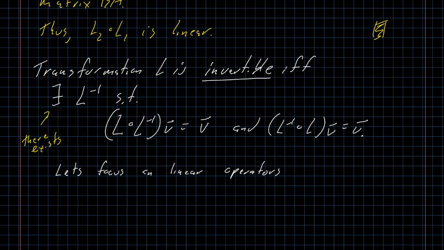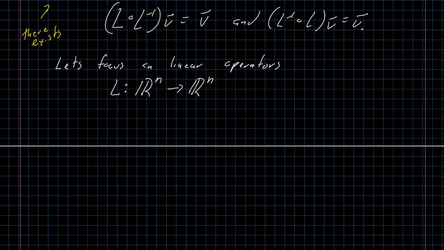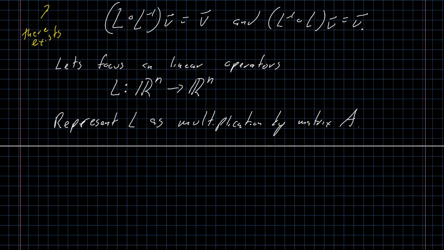linear operators. Remember that linear operators are linear transformations for which the domain and the codomain are the same vector space, which I'm going to represent as Rn. And as always, whenever we have a linear operator, a linear transformation, we can represent it as multiplying by a matrix.